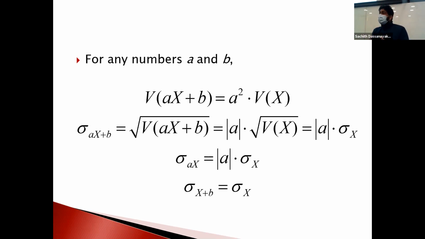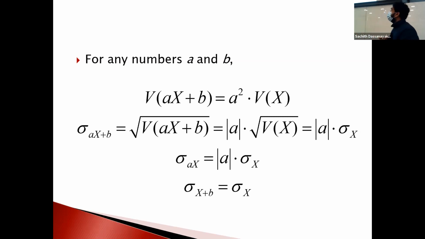So the variable X has a constant added to it. So the variance of aX plus b, you can simply assign the variance to each of the terms, like variance of aX plus variance of b. a and b are constant terms. Clear?